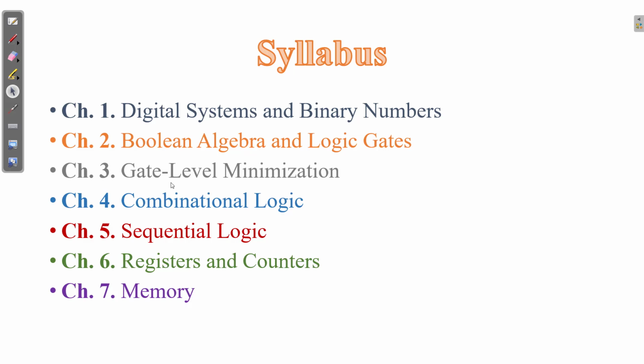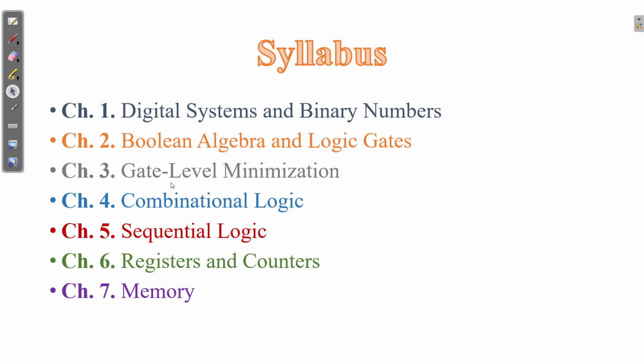Combinational logic circuits are a kind of digital circuit, and we will see how we can implement, design, and also analyze these types of systems. In chapter 5 we will talk about sequential logic, and we will see that sometimes digital systems need to have memory, and how we can add memory to digital systems. In this chapter we will talk about flip-flops, and you will see that a flip-flop is an element that can store 1 bit.